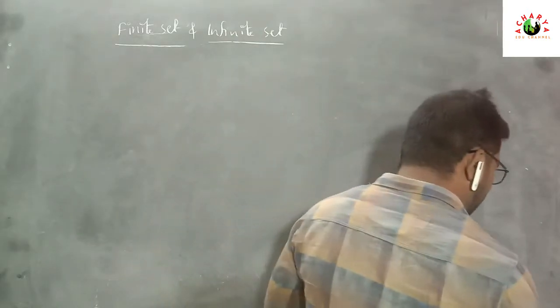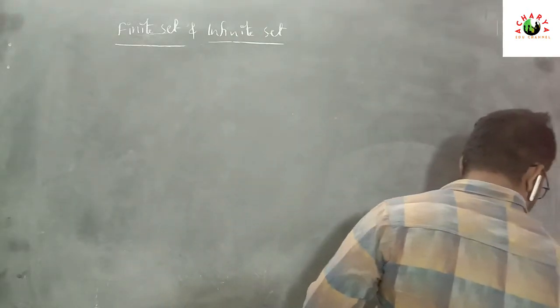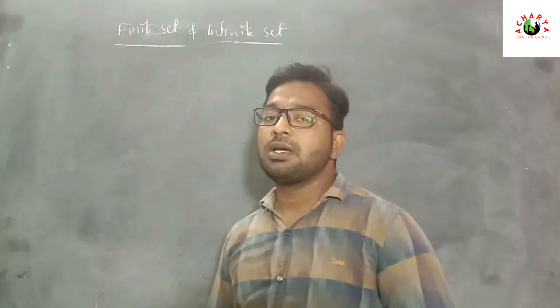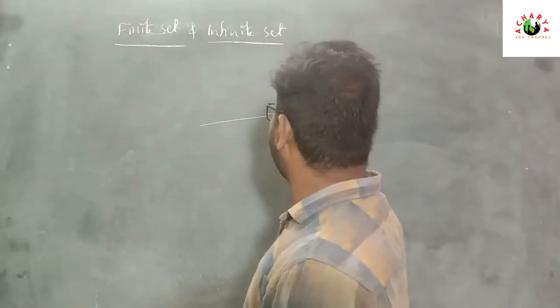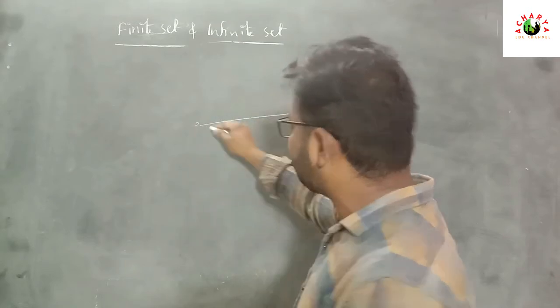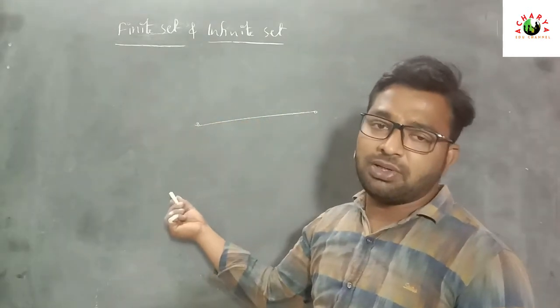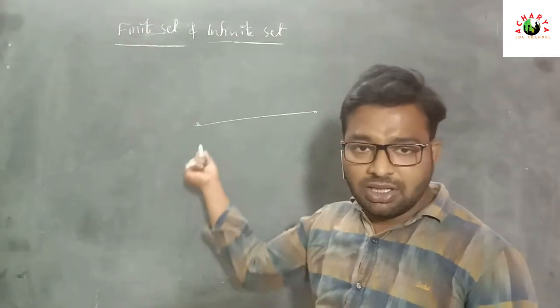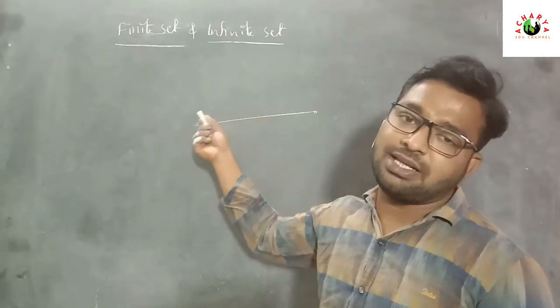Here see, set of points in a line, for example. When I am drawing one line here, how many points are there? They are uncountable. It is not possible to count all the points on the line.